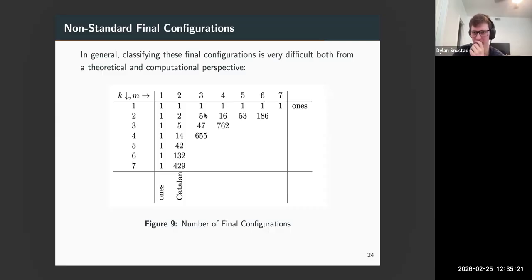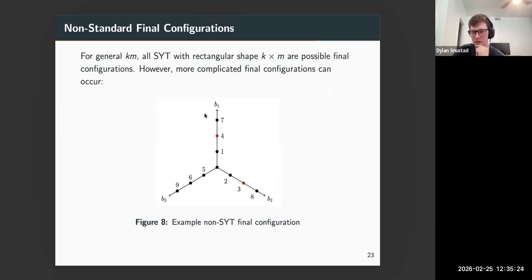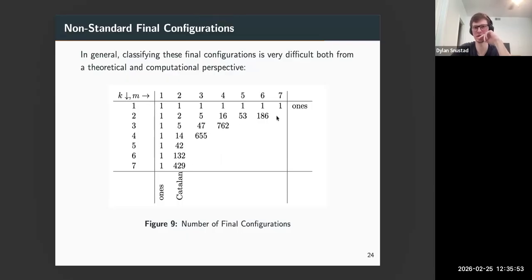And then theoretically, trying to classify these twists is very difficult. In the two branch case, you can construct a nice bijection with lattice paths. You can say, okay, for every one up I go, I can only go Gauss's counting number of steps to the right. And this ends up being a nice classification for what happens in this two branch case. So this line here and this line here are well understood.